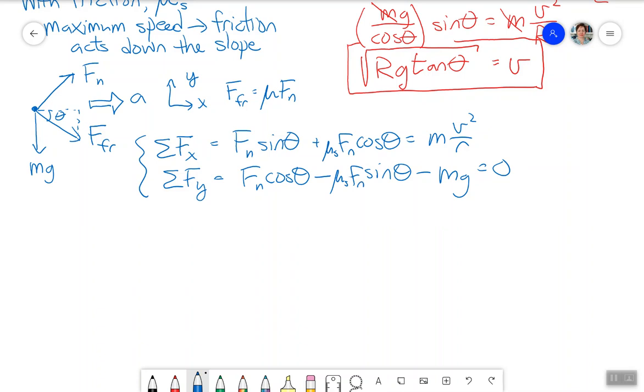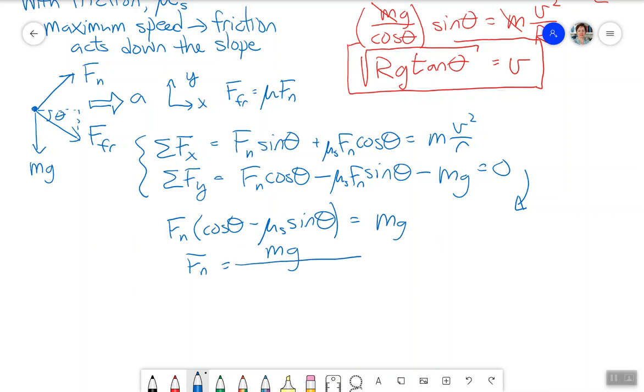Now when I do my solving, I see that the normal force times cosine theta minus mu s sine theta is equal to mg. So the normal force is mg divided by cosine theta minus mu s sine theta. Then I'll take that and plug it into the top equation.